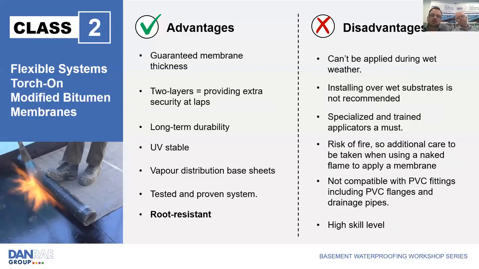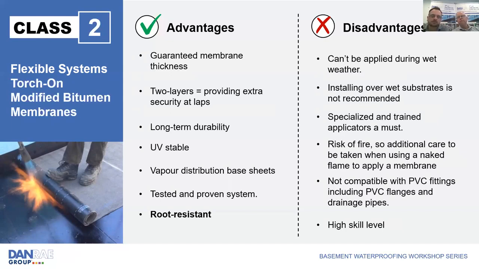The issue with torch-on is that when it's heated up you've got to make sure you get a good bleed, which is where the joint is, and that has to be protected from the roots as well if it's underground. Generally torch-on is also two-layer most of the time, so you'll get a good thickness on the basement.